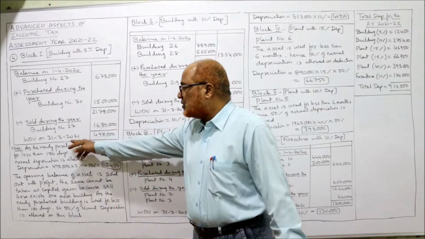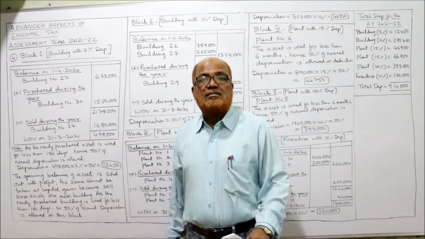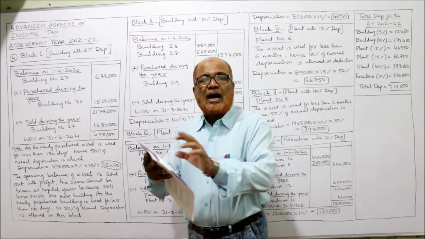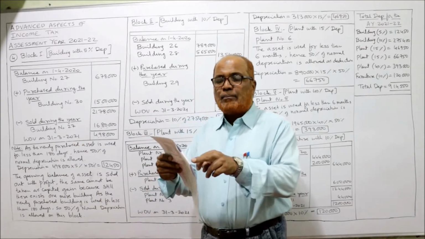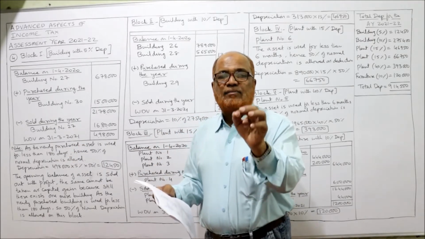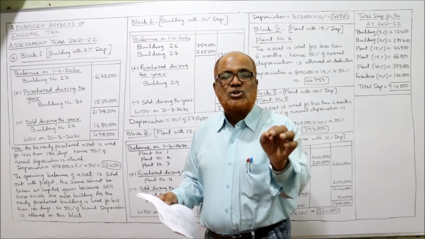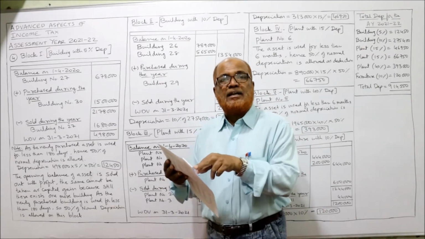We are closing the accounts on 31st March 2021, so it is used for less than 180 days. Only in the month of January it was purchased. So for building number 30, we calculate 50% of normal depreciation.